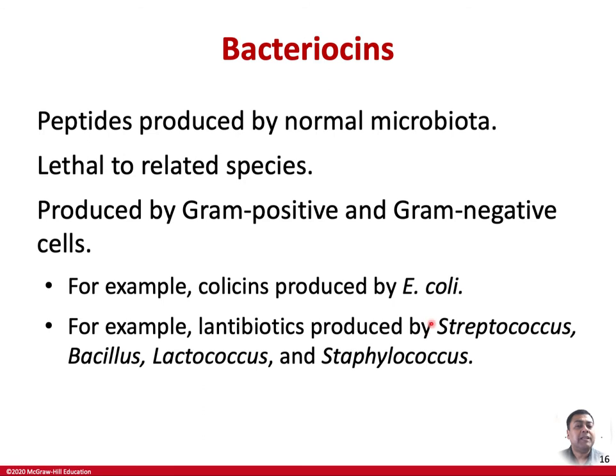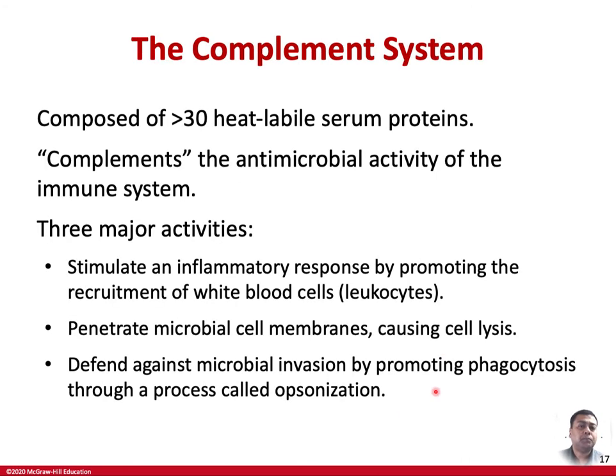And the reason is that the ones which are beneficial for us are allowed to grow, and that's how the evolution happened along with the host microbiota, which allows a beneficial microorganism to grow. These lantibiotics or bacteriocins do not allow the close but pathogenic groups to grow on the skin surface or in the gastrointestinal tract.